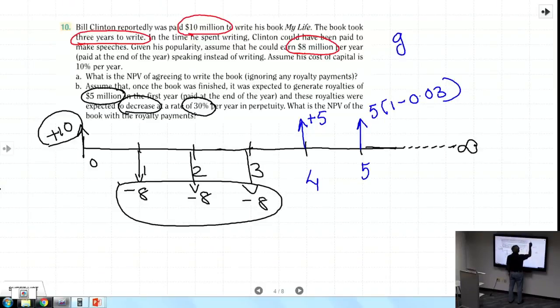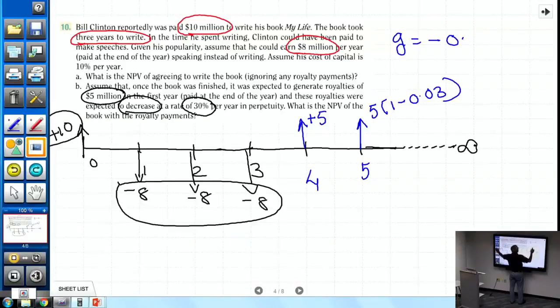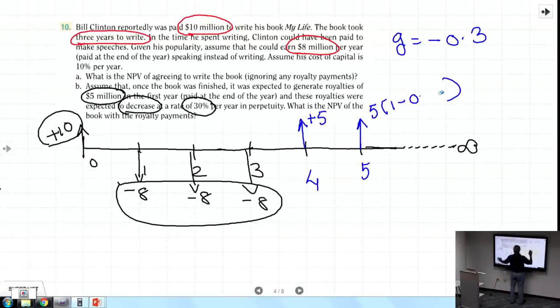So the growth rate in this case is negative 30%. This would also be negative 30. Okay. So 5 times 0.7. And this will continue. So in year 6, it'll go down further from whatever this number is.